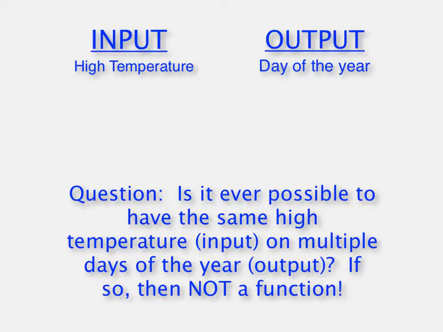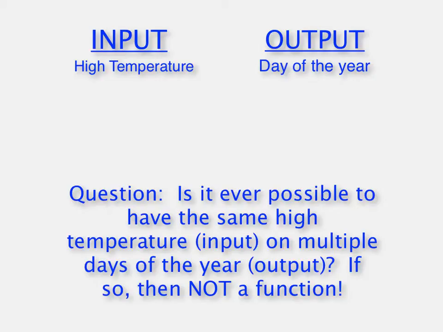Absolutely. A high temperature of 76 could happen in March and maybe in September again. So, since it's possible to have one input with multiple outputs, we would say no, this relation is not going to be a function. It's possible to have a single high temperature that was the high temperature for multiple days.